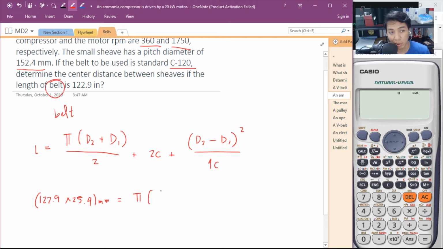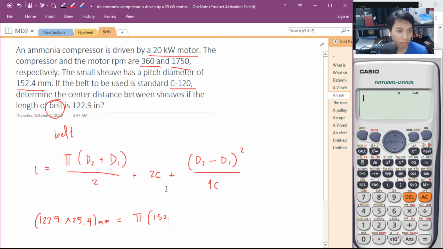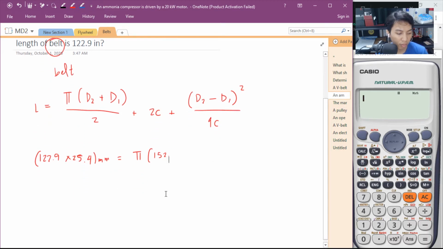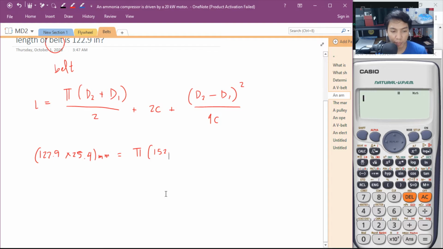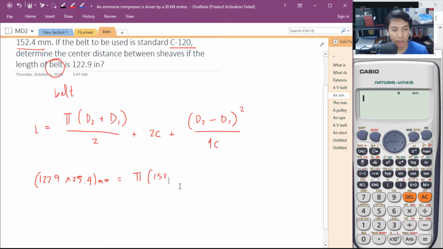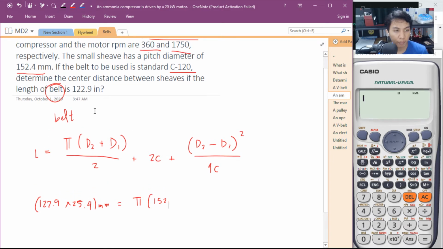Ano yung D2 mo dyan? Kailangan mo palang isolve pa yung D1. Hindi, kailangan mo isolve pala si D2 pa. Solve muna natin si D2 bago natin siya isolve.